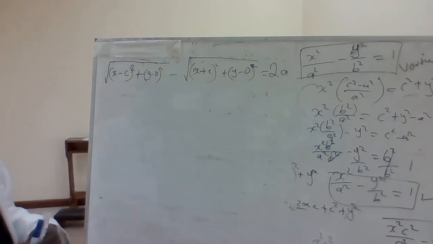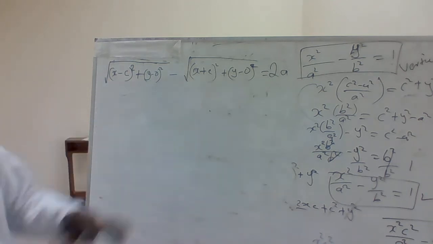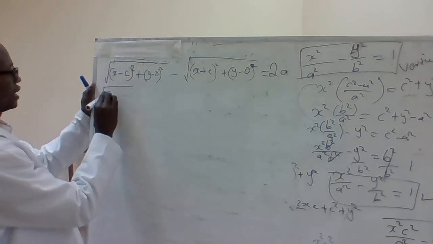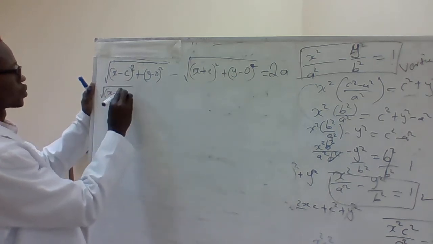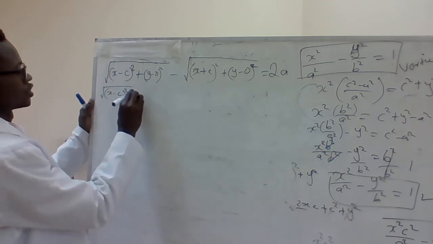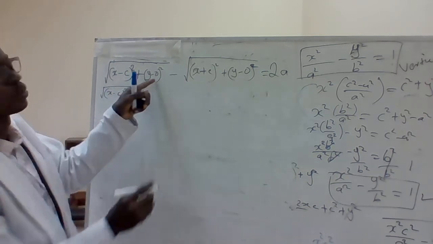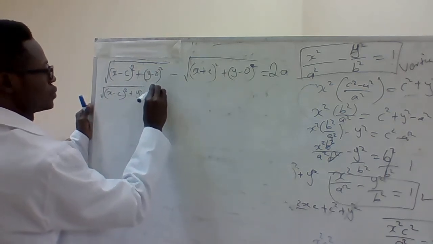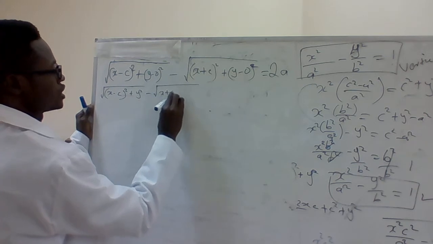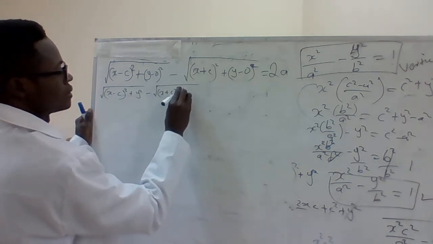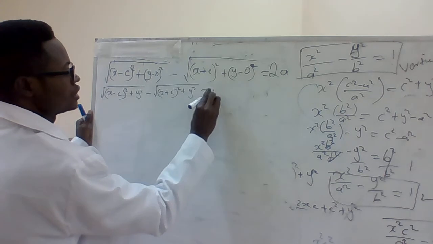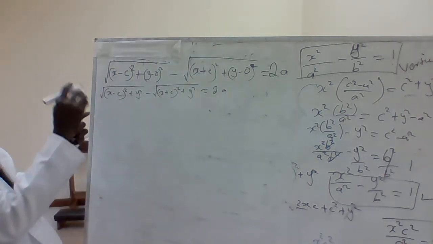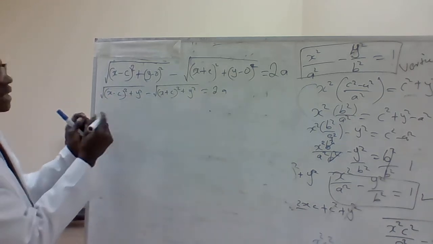So with this, we can rearrange the equation so that we have the square root of x minus c squared plus y squared, because here we have y minus 0, so we have y squared, minus the square root of x plus c squared plus y squared. All this is equal to 2a. So we try to bring our constant to this side to enable us to expand this bracket.